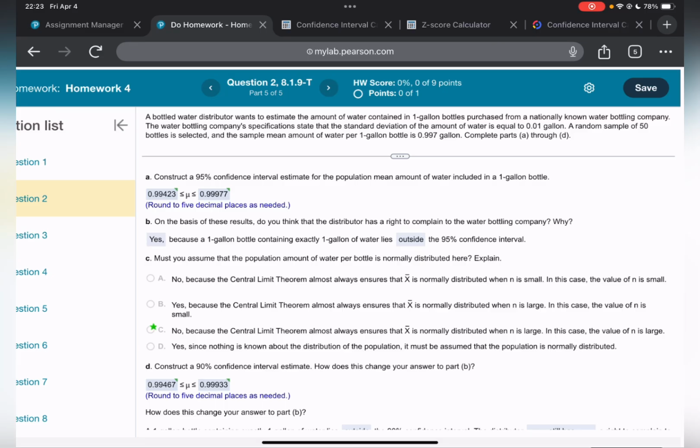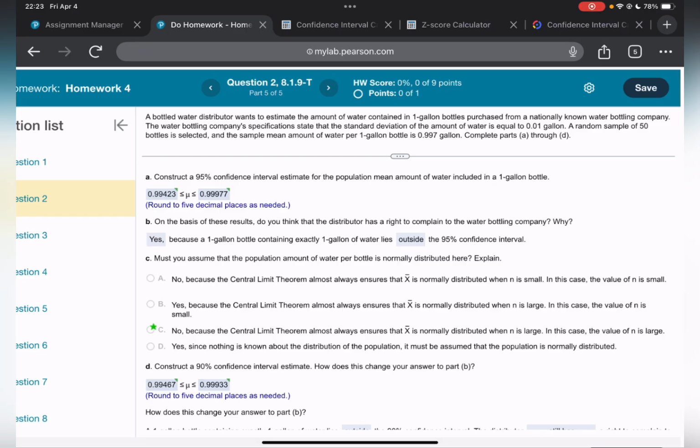The water bottling company's specification states that the standard deviation of the amount of water is equal to 0.01 gallon.